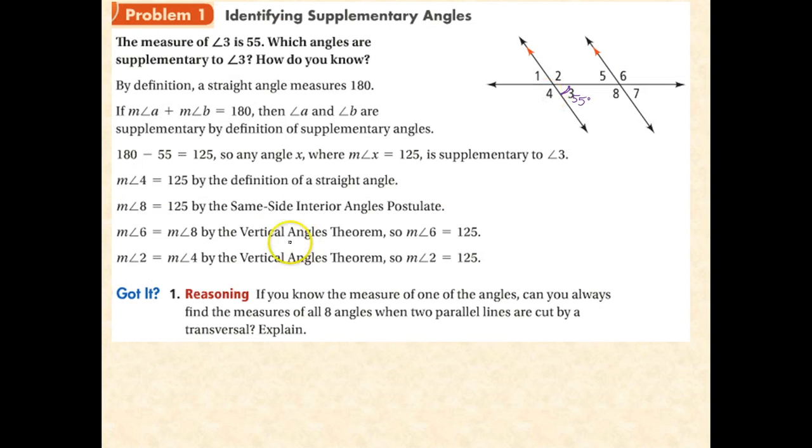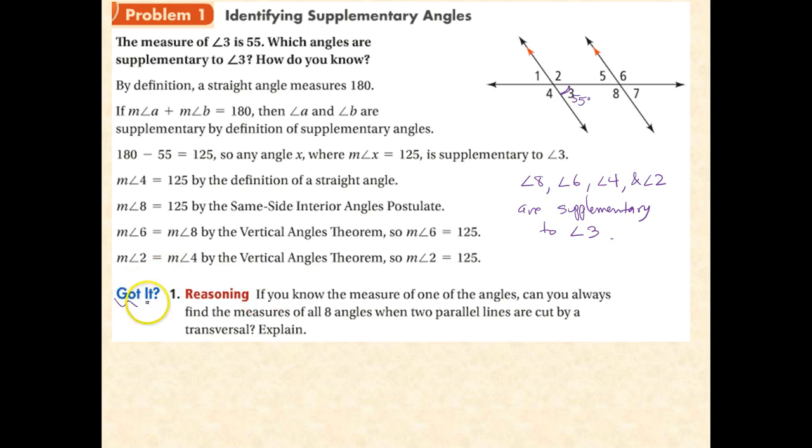So, what are all the supplementary angles? We got angle 8, angle 6, angle 4, and angle 2. Those are all supplementary to angle 3.